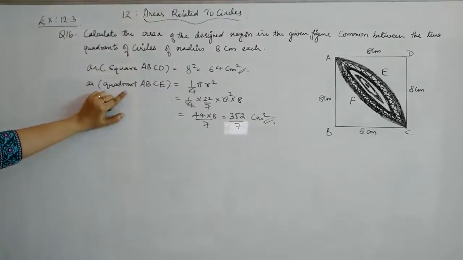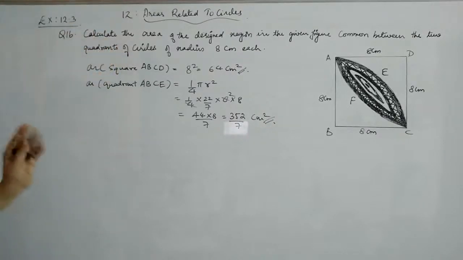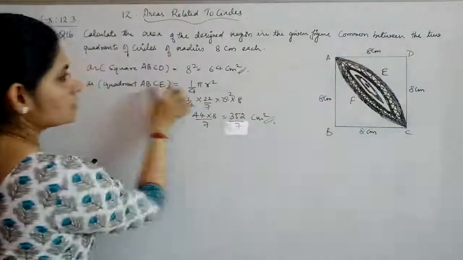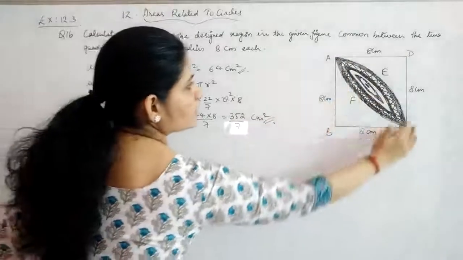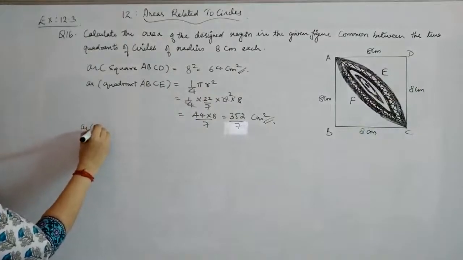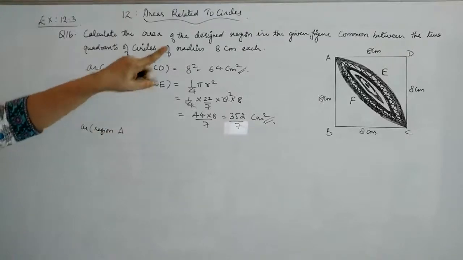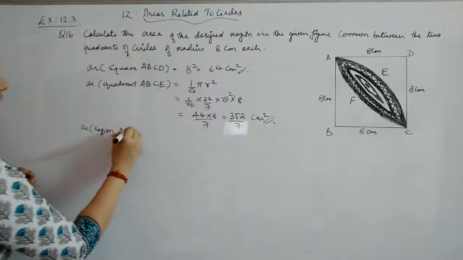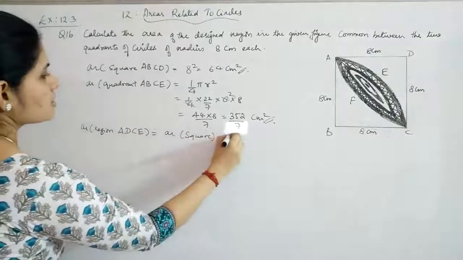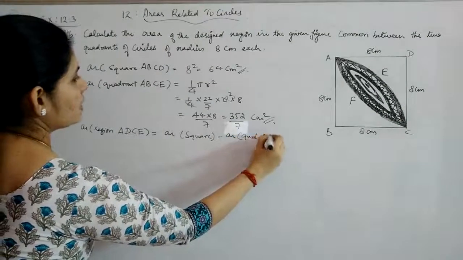Now again we know that area of the other quadrant will also give you the same area. Now what we are doing is we are finding out this region, or you can say that region. So this is this total, and from the square you are removing this one, means you will get that. Okay, so you'll get area of the region ADCE will be area of the square minus area of the quadrant ABCE.